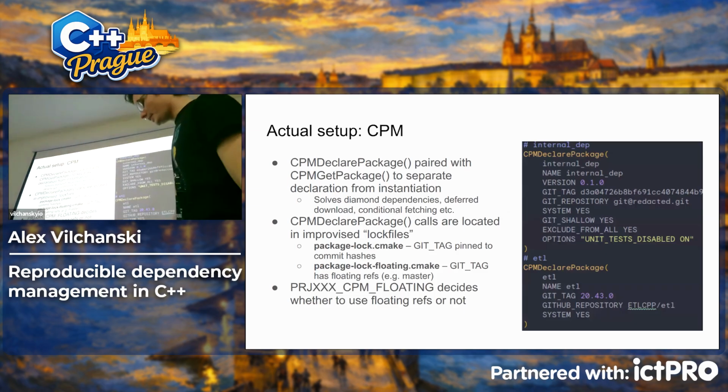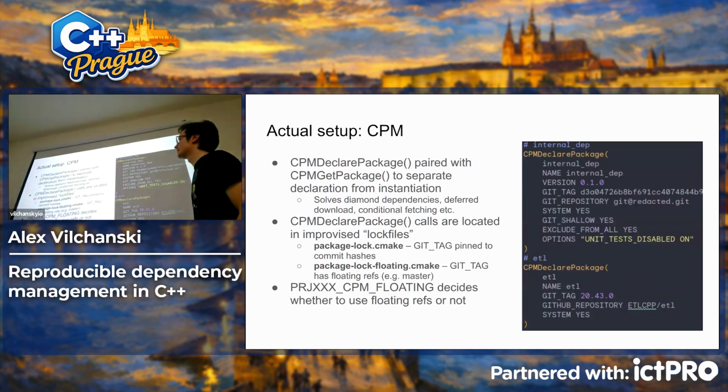Now, as I mentioned, two lock files: package lock and package lock floating. Basically, the one with the fixed versions of those dependencies, and the one with floating refs. So, for example, your master branch or your feature-whatever branch.